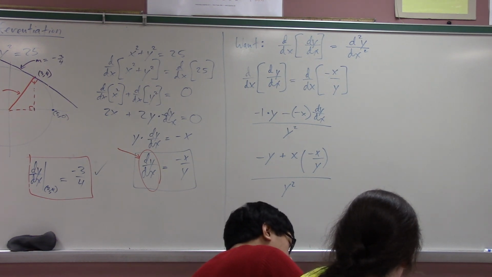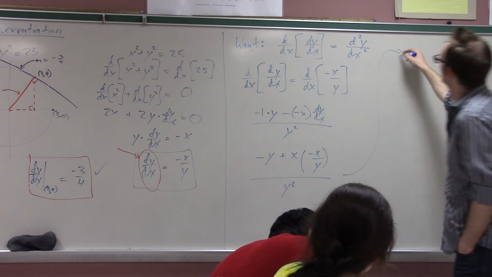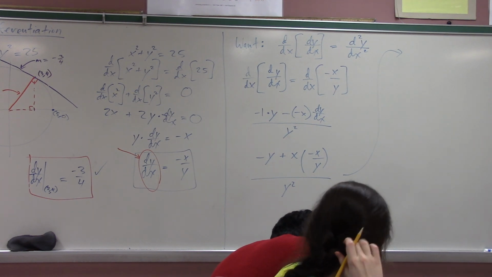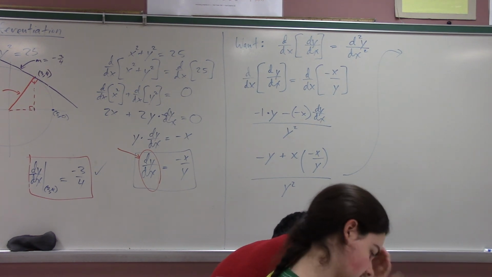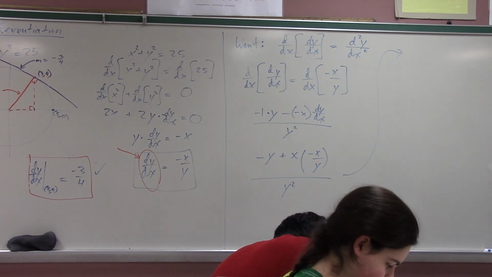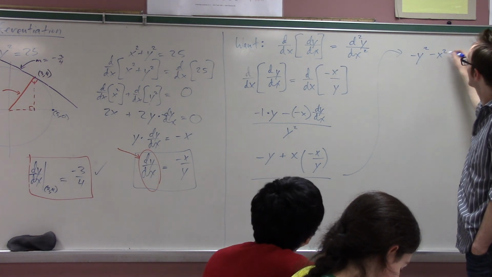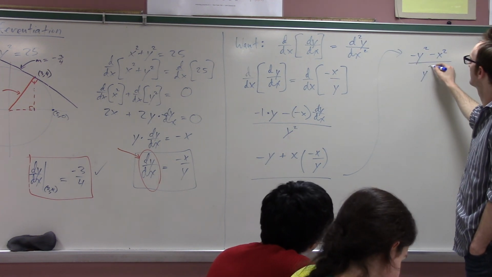Can you clean that up a little bit? Do a little bit of algebra 2. What do you end up with? I get negative y squared minus x squared all over y cubed. Is that what you have?